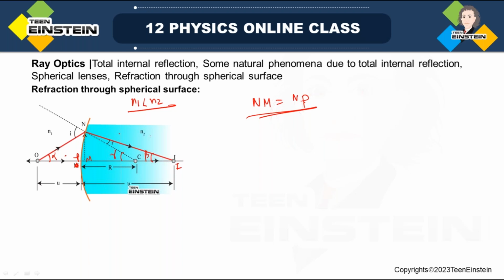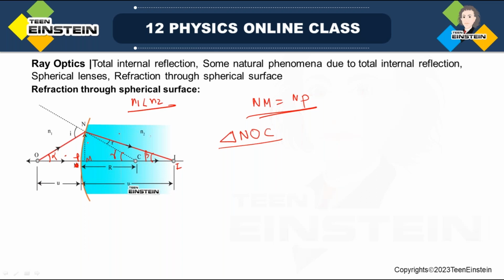Now from this figure, let us look at the triangle with N, the object O, and the center of curvature.